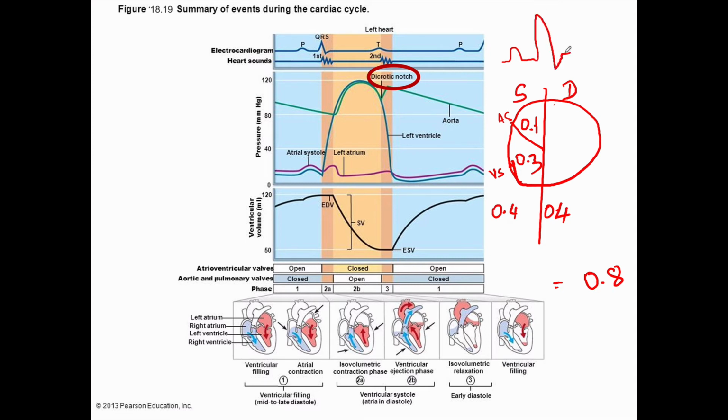This is QRS, this is the P wave. During diastole, all the four chambers will relax, and it takes 0.4 seconds, and the T wave is formed. So P wave is atrial systole, QRS wave is ventricular systole, and T wave is diastole of all four chambers. This is one heartbeat in the ECG, and this is one cardiac cycle.